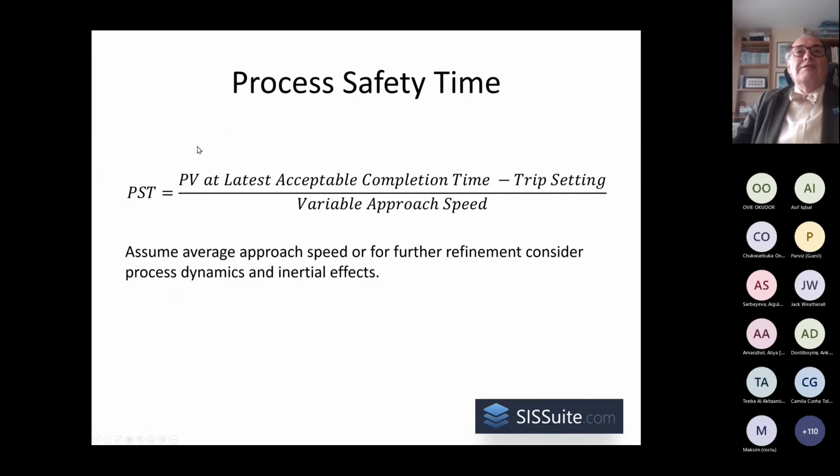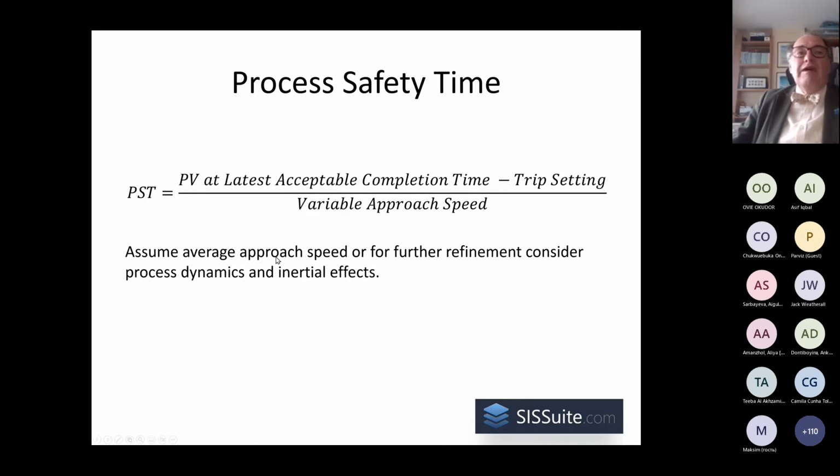So the process safety time from those considerations is the process variable at the latest acceptable completion time minus the trip setting, over the speed of approach. Now, there may be some difficulty in identifying what the approach speed would be.